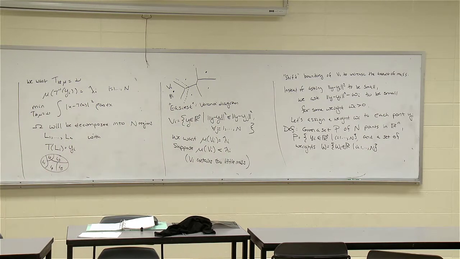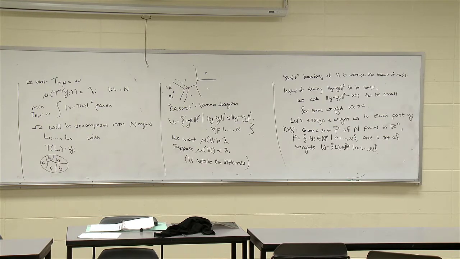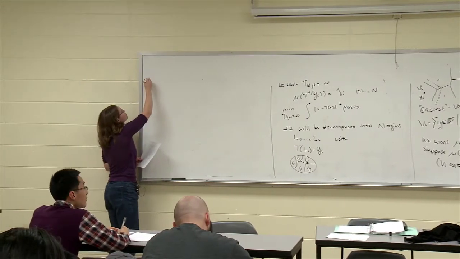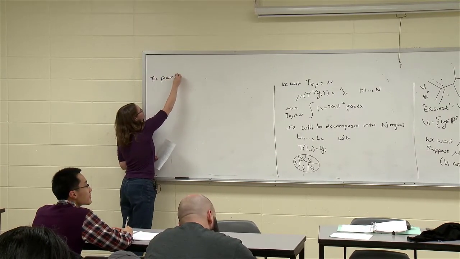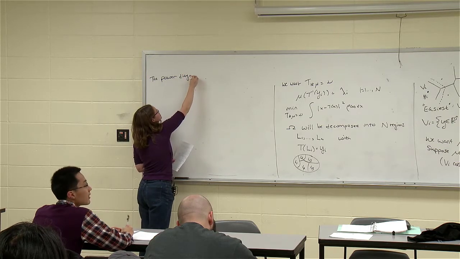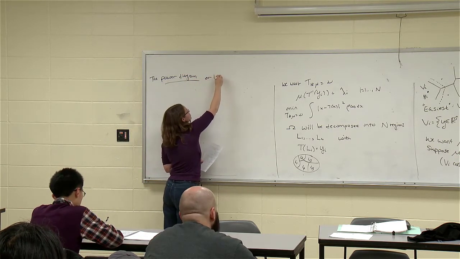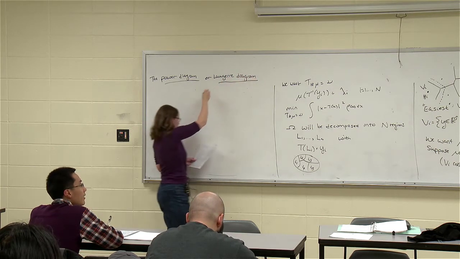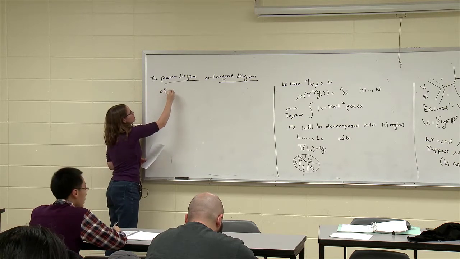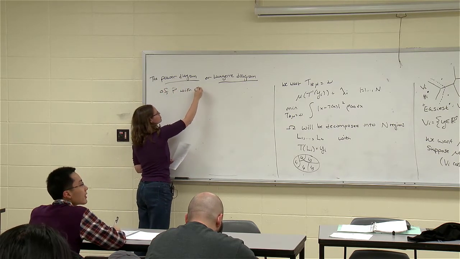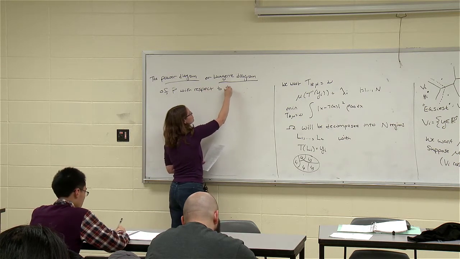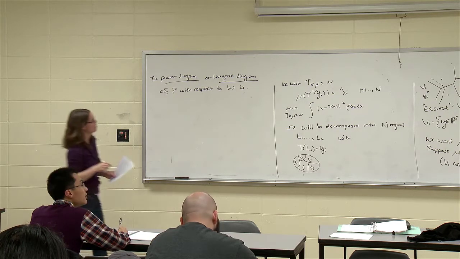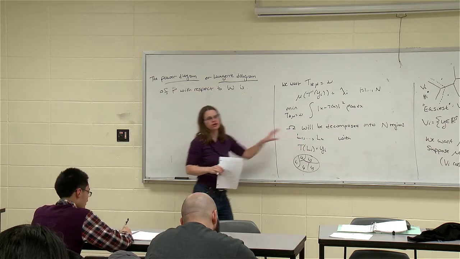Now we can define this power diagram, or Laguerre diagram, with respect to the particular weights. We're going to say the power diagram of P with respect to W is, and this is where I'm going to start calling them L like I did over here.